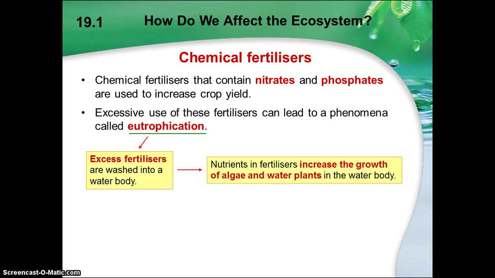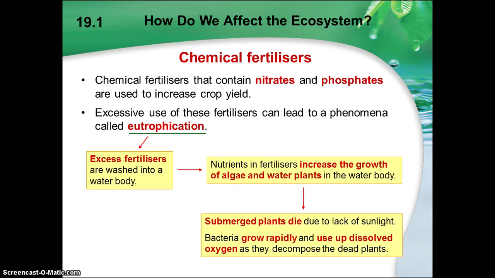The nutrients in these fertilizers increase the growth of algae and water plants. The overgrowth of algae causes the submerged plants to die because of the lack of sunlight. Bacteria grow rapidly and use up the dissolved oxygen as they decompose the dead plants. As a result, other organisms die due to lack of oxygen.